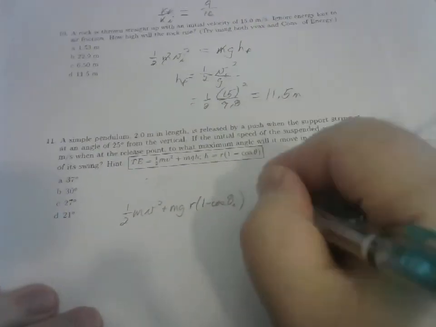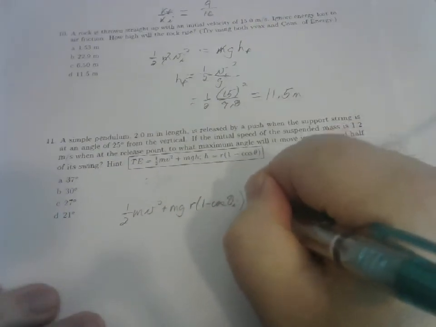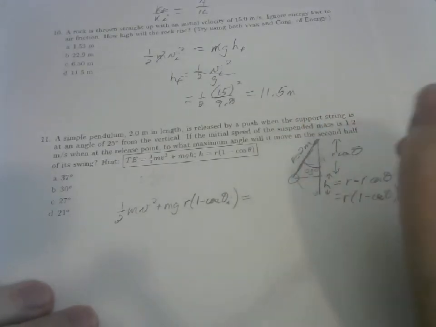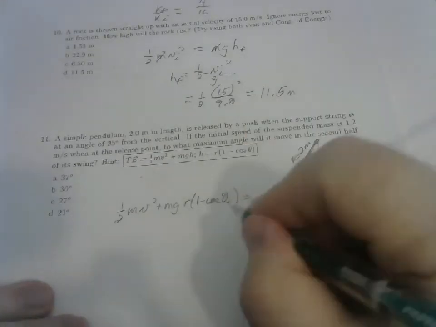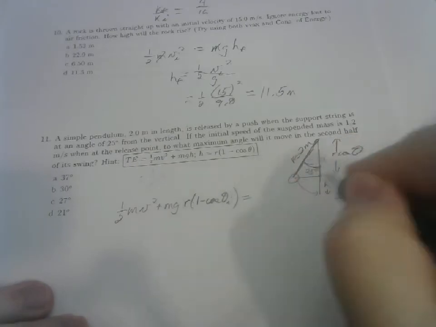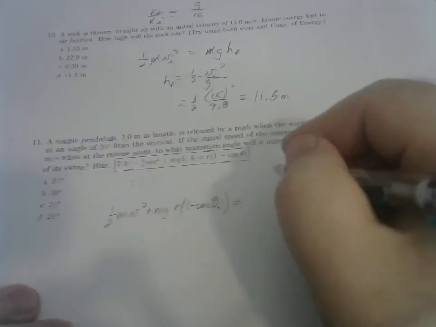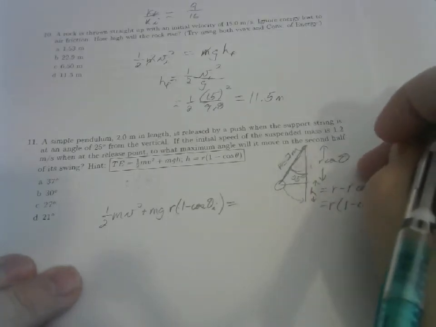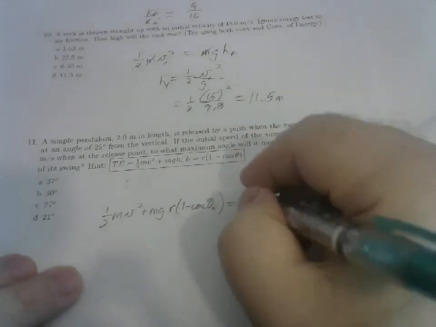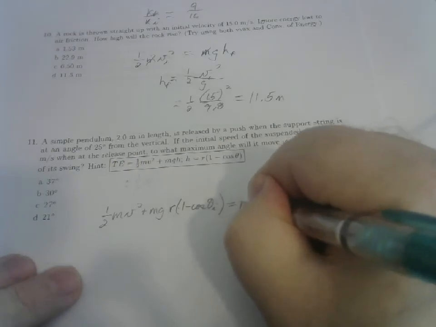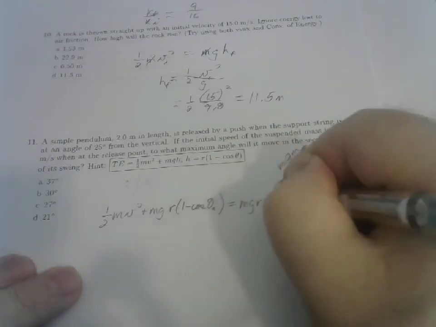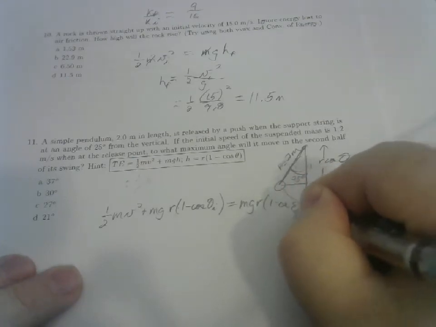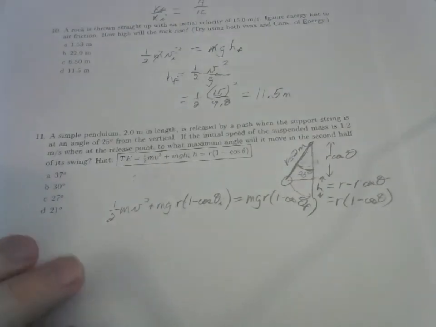All of those values are known. Well, actually, no, we don't know the mass. But at the end, everything is going to be in the form of potential energy, and it'll be the angle that it rises to on the other side because they gave it a push. So this will just be mg r times 1 minus cosine theta final. Ran out of room there.